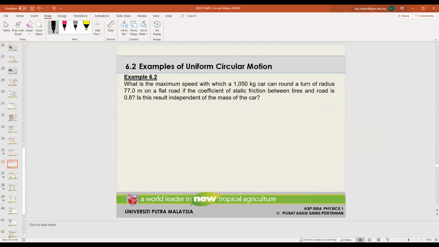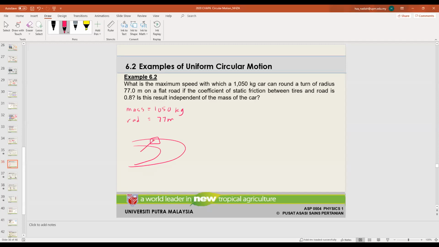Okay. What is the maximum speed with which a 1050 kilogram car, so that's my mass, can round a turn of radius 77? On a flat road. Okay, so it's just a flat road, so our work is a bit easier.